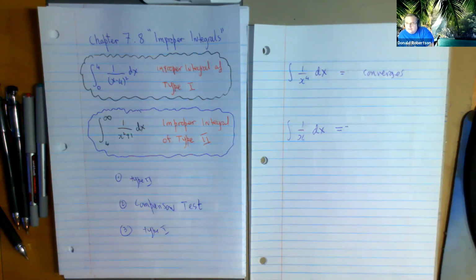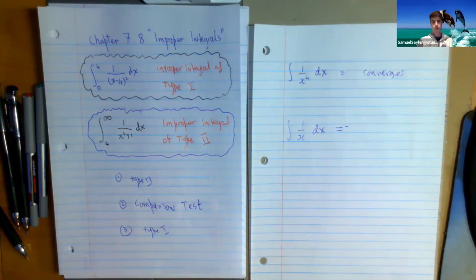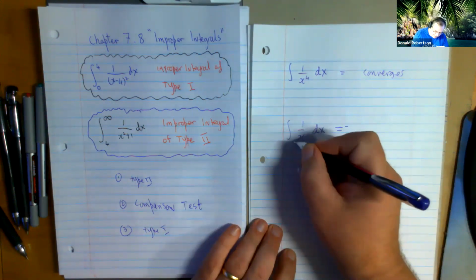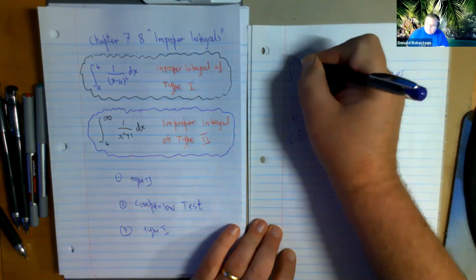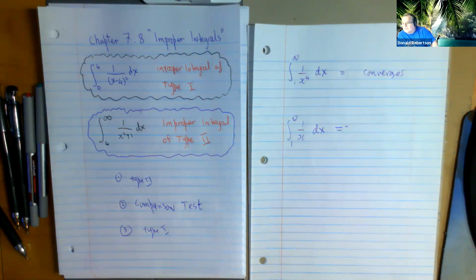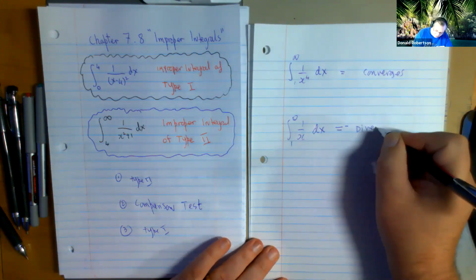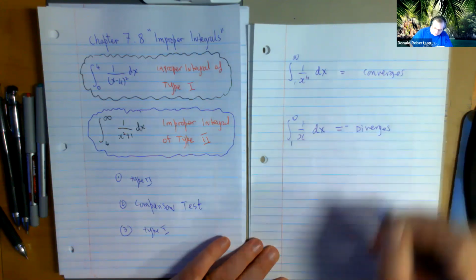Does that converge or diverge if you went through the whole process? Converge. Diverges. You get a log of infinity. Oh, technically speaking, there should be some numbers there, right? Diverges. You can check it out if you want, but it is a diverger.